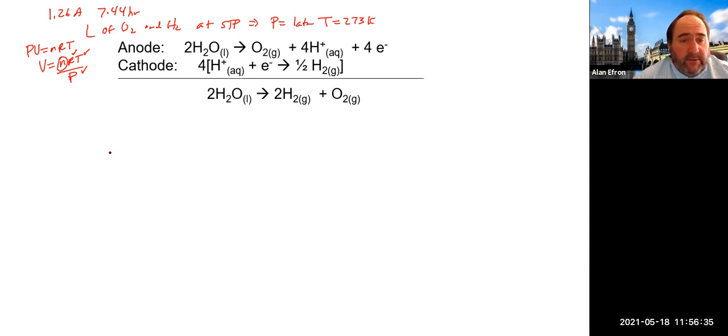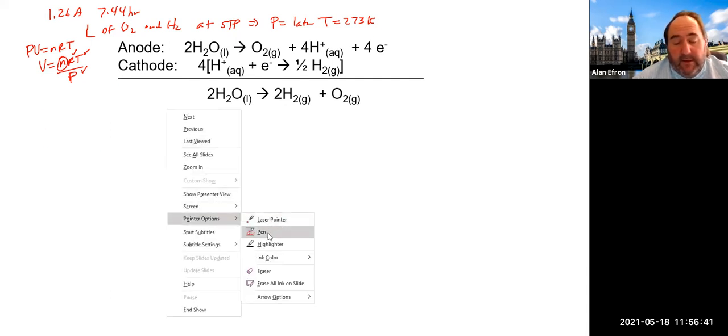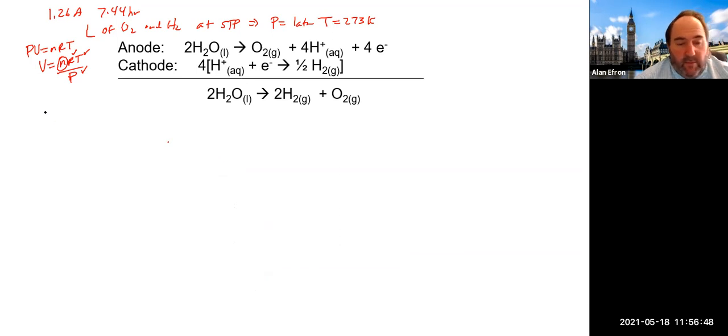So we're going to start with the basic starting point of this type of problem worded like this. We're going to take our current and how long we ran it for and multiply them by each other. So remember that 1.26 A is the same as 1.26 coulombs per second.